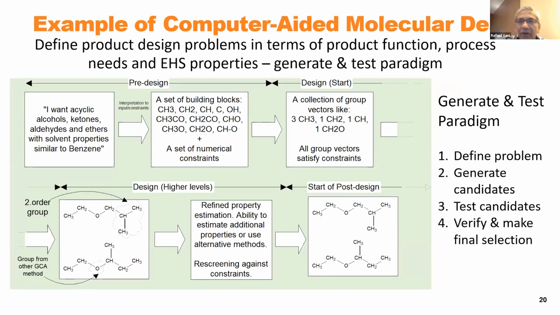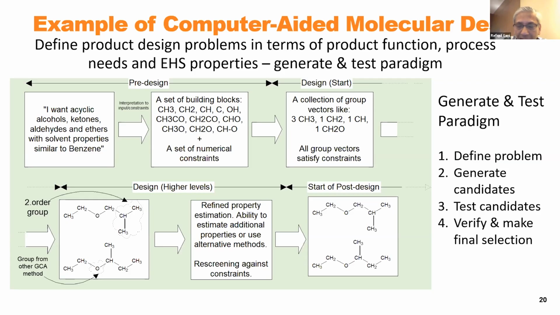An example: if we know that there is a molecule that serves a purpose, for example, benzene is a good solvent, but we cannot use it because of its carcinogenic properties. So how can we replace benzene? Then we find out that we take building blocks that do not form aromatic compounds, so we avoid having problems like those of benzene.